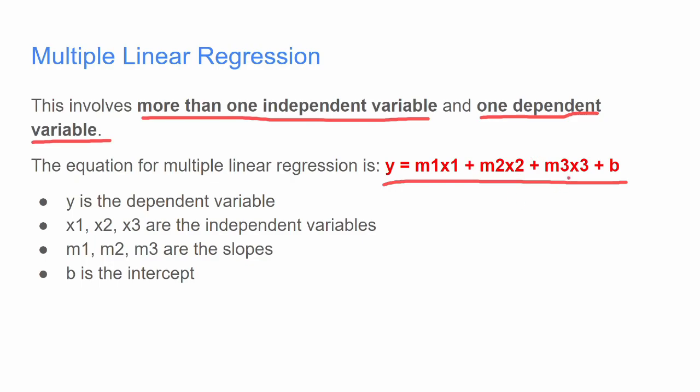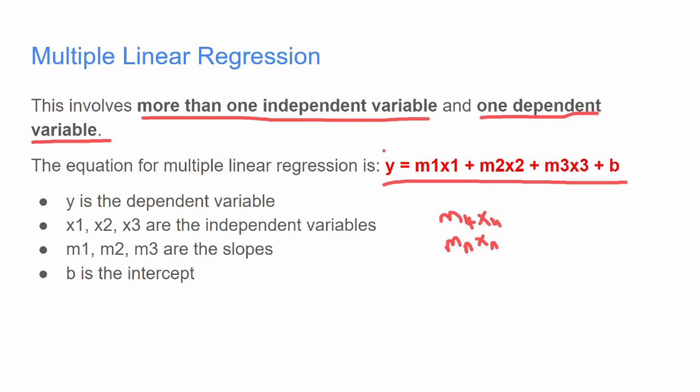Here I have considered only three independent variables, but we can take as many as possible, like m4x4, m5x5, up to mnxn. I have just taken only three independent variables.